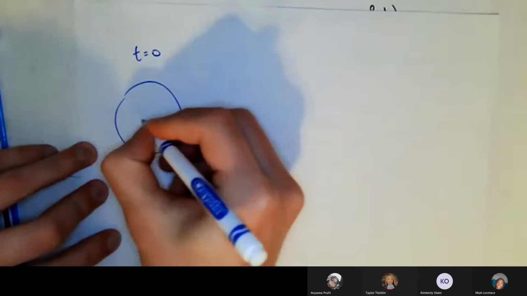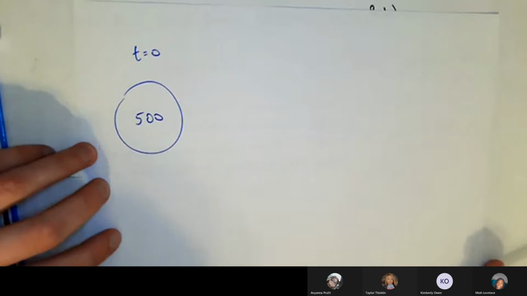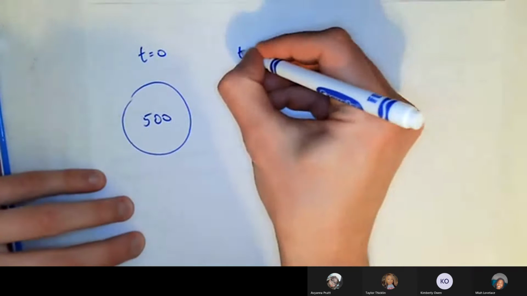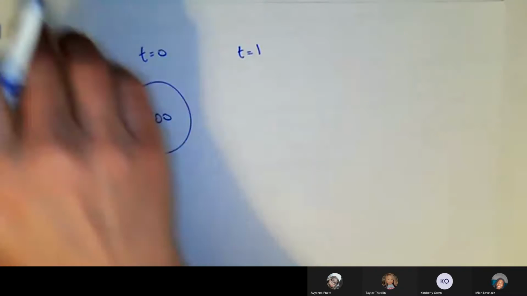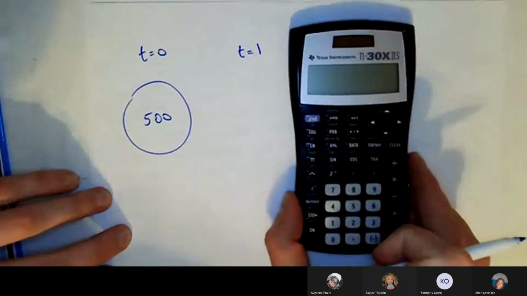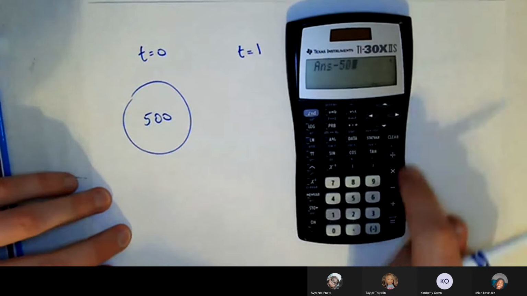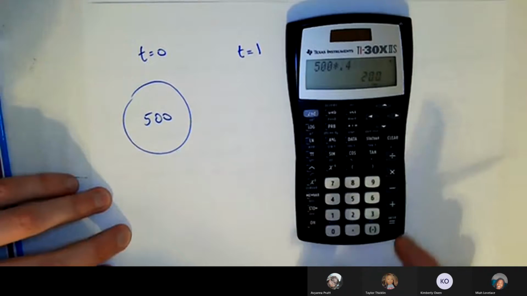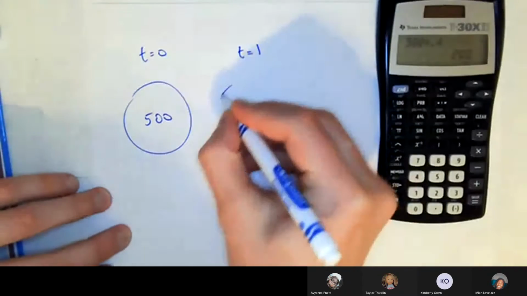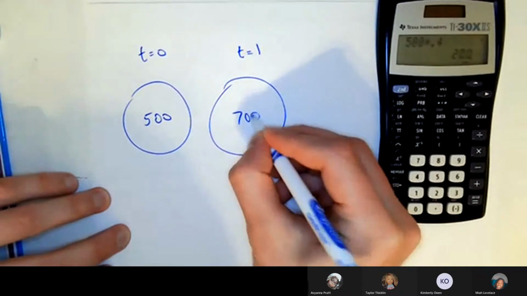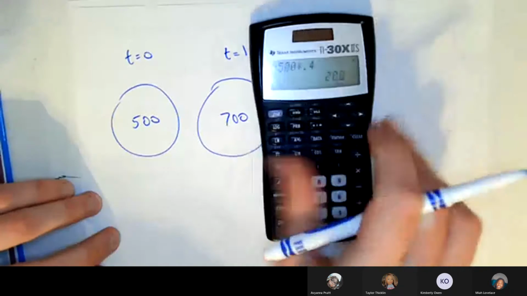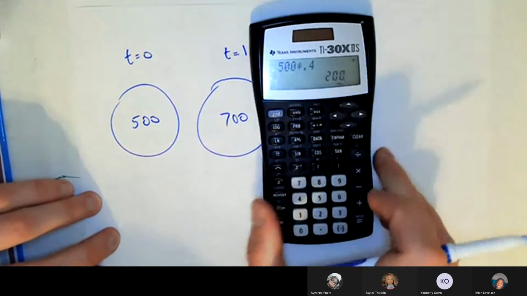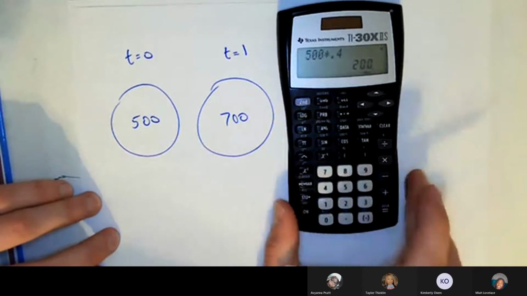At time t equals 0, we've got 500 bacteria. After 1 hour, we have a 40% increase. What is 40% of 500? I multiply by 0.40, so that's 200. So now I have 700, just adding that 40% of 500 onto the original 500.